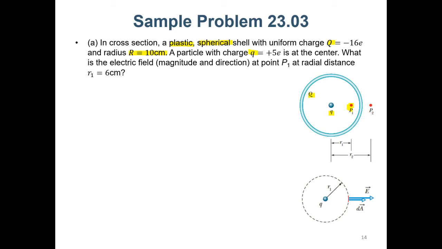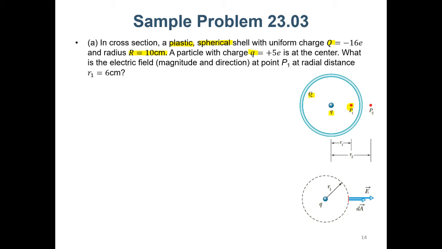Without the Gauss law, it might be very difficult to calculate this. For the small q, it will be trivial because you can calculate the point charge field at any point. But for the shell, other than at a far away distance, it might be very difficult to calculate the E field at this point because you need to integrate.